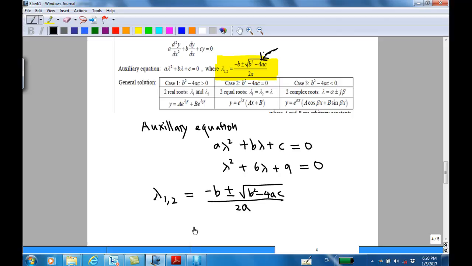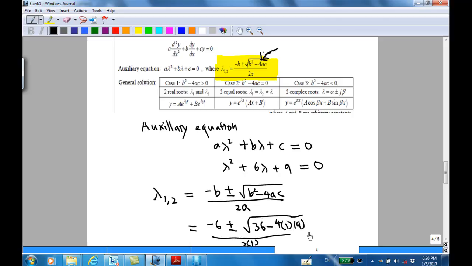Here b is equal to 6, so b squared is 36, minus 4, a is 1, c is 9, and then divided by 2a, 2 times 1.